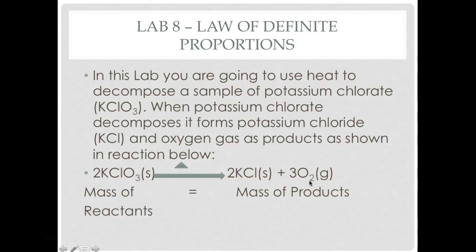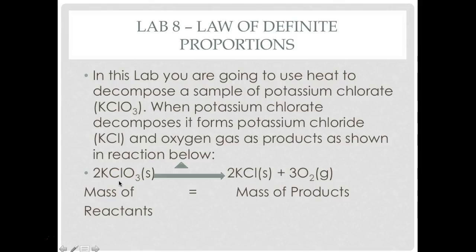If you had the mass of the potassium chlorate to begin with, after the reaction, the total mass of that oxygen and potassium chloride should equal the mass of that potassium chlorate.